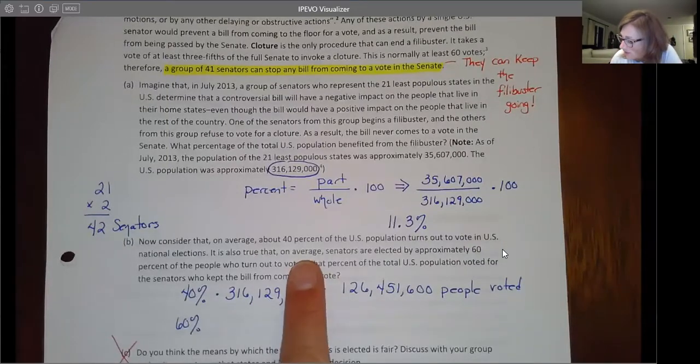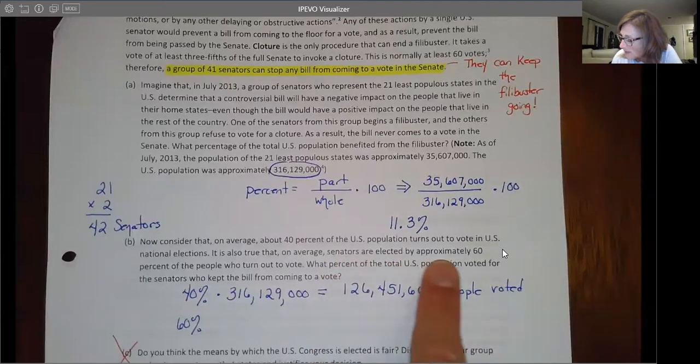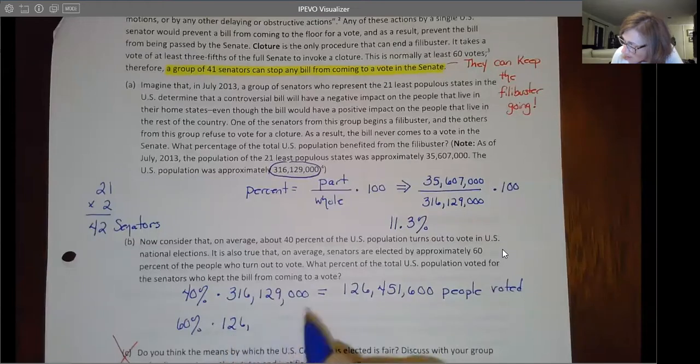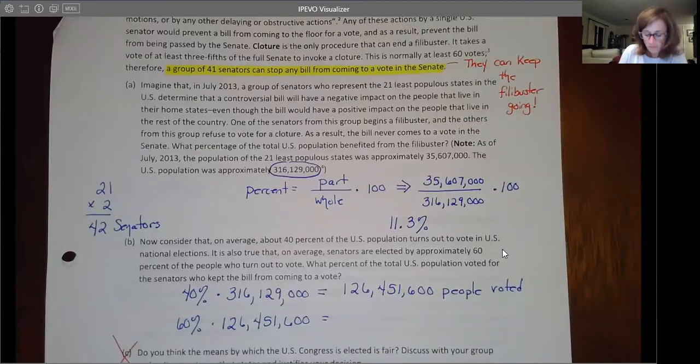So it says, it is also true on average that senators are elected by 60% of the people who turn out to vote. So 60% of that number care enough to investigate their senator and their platform and then turn out to vote. Okay. So what is 60% of that number?